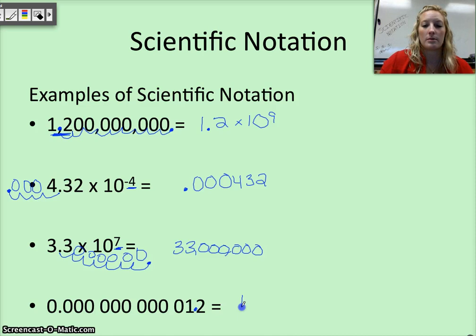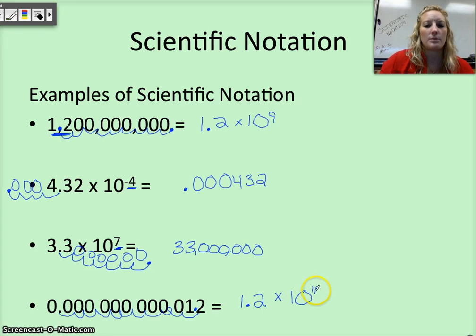Remember, our coefficient number has to be between 1 and 10. Now let's see how many times we have to move that decimal place to get there. 1, 2, 3, 4, 5, 6, 7, 8, 9, 10, 11. 11 times. So we multiply it by our base of 10, with an exponent of 11.